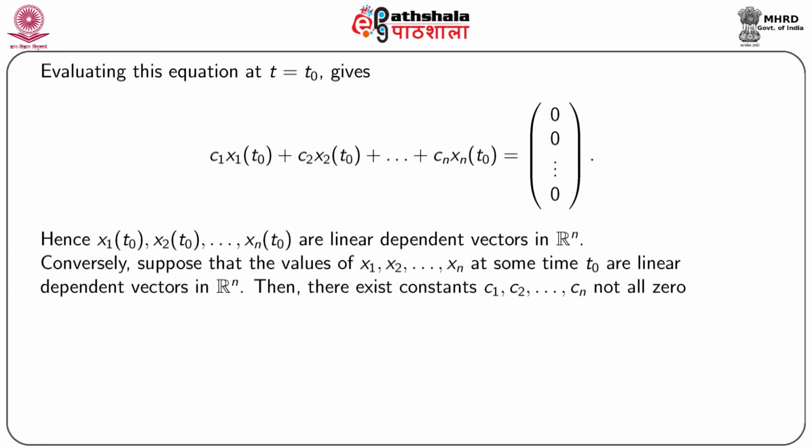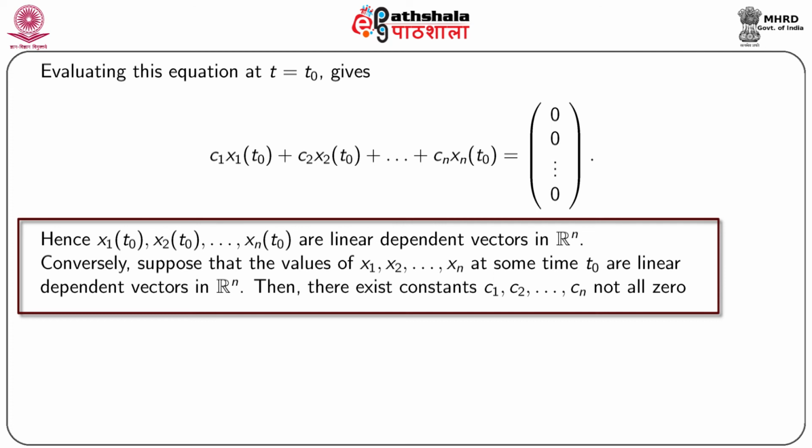Evaluating this equation at t = t0 gives C1 x1(t0) + C2 x2(t0) + ... + Cn xn(t0) = 0. Hence, x1(t0), x2(t0), ..., xn(t0) are linearly dependent vectors in Rn.